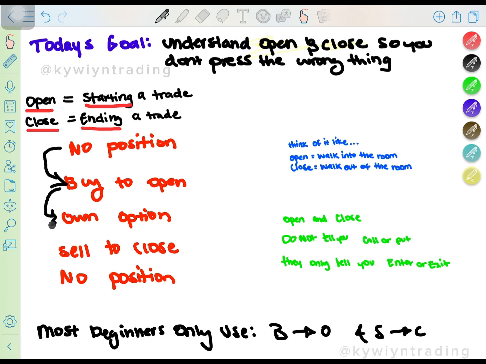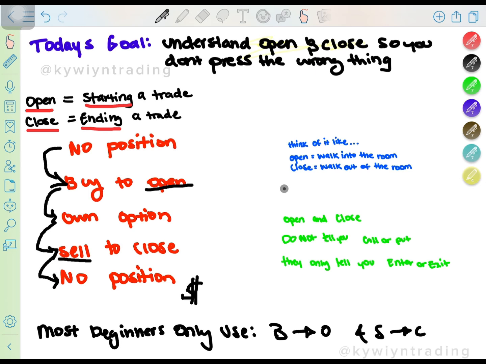And then you're actually going to sell to close out that option that you just had opened. So you're going to sell whatever you had opened. Now you're back to having no position because you don't have anything open, but you do have that profit that you made when your trade went in your desired direction. That's the complete life cycle of the basic options trade, these 5 steps.